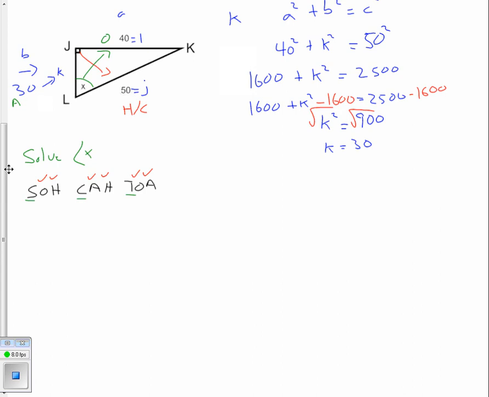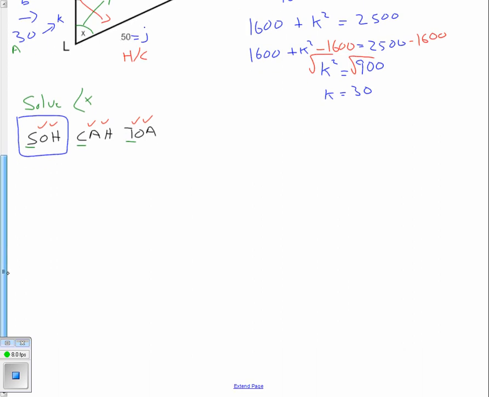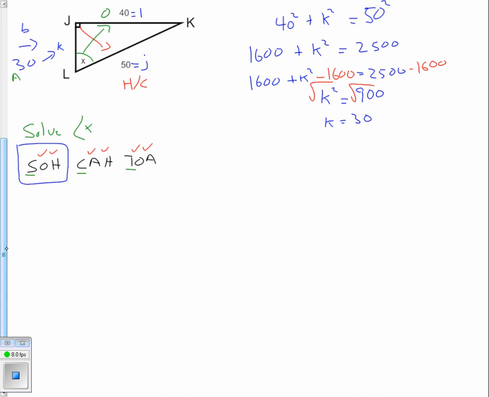So for simplicity's sake, I'm just going to take the sine ratio. You could take the cosine ratio or the tan ratio, it honestly doesn't matter. I'm going to use my values and substitute them in. I know sine of x is going to be equal to the opposite divided by the hypotenuse.